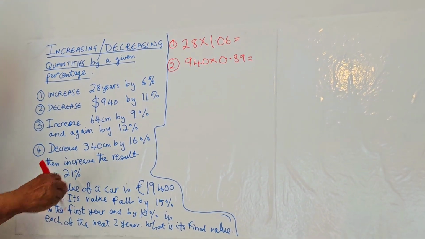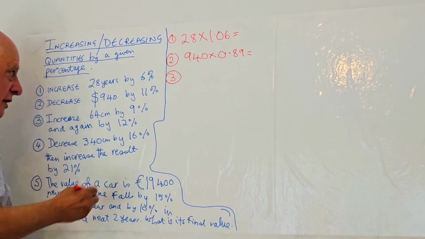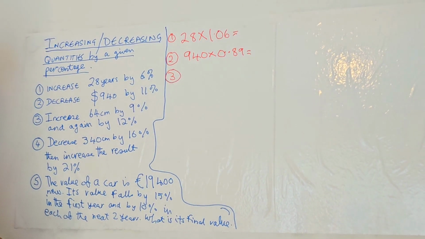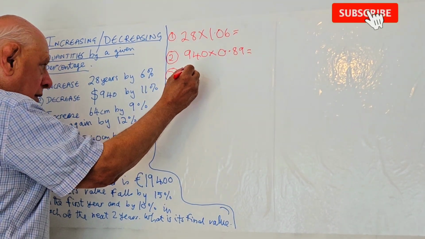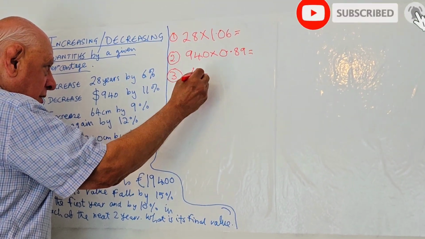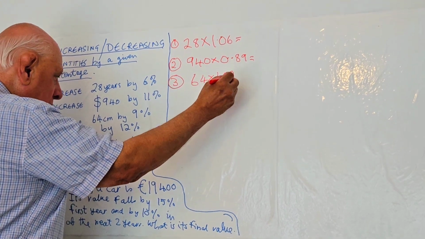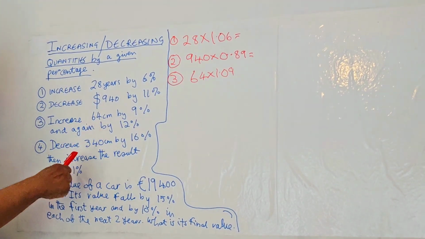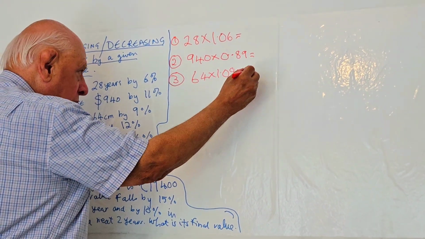Number 3. Again, we'll do the final calculation at the end. Increase 64 by 9%. So that is times 1.09. And again by 12%. So that's 1.12.